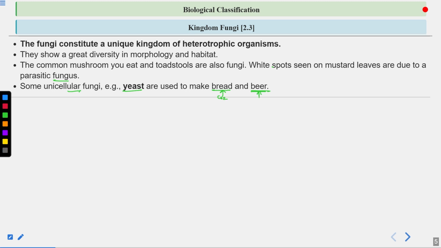And these alcoholic beverages like beer, this is also made using yeast. Because in yeast, alcoholic fermentation occurs. In alcoholic fermentation, what occurs? Alcohol. Which alcohol? Ethanol is produced along with the carbon dioxide. So this is the importance of the yeast. You can get a question from here.